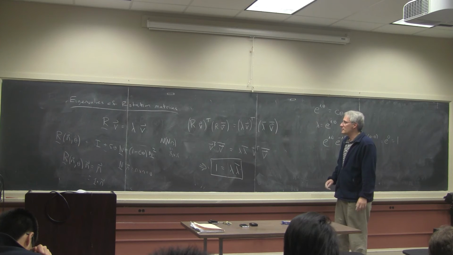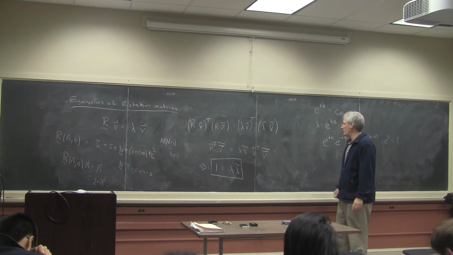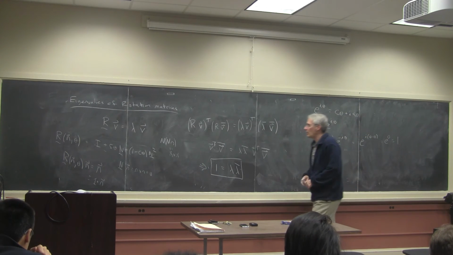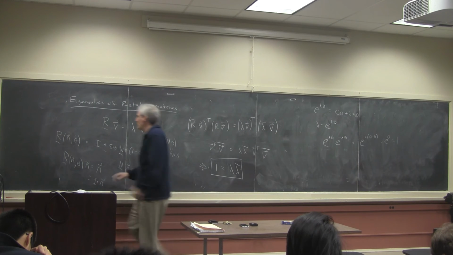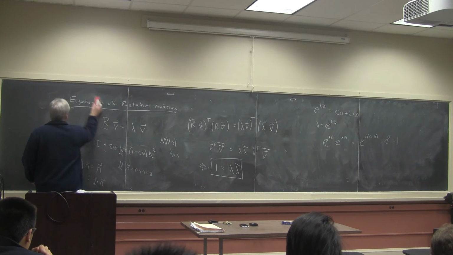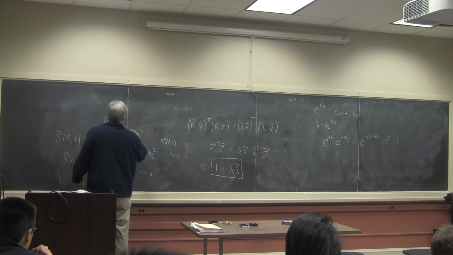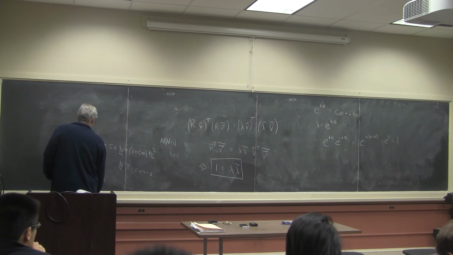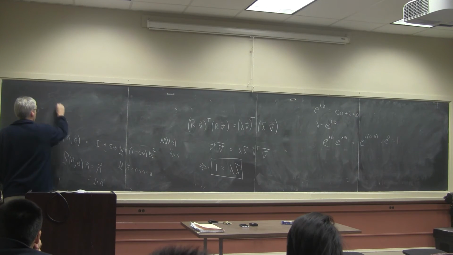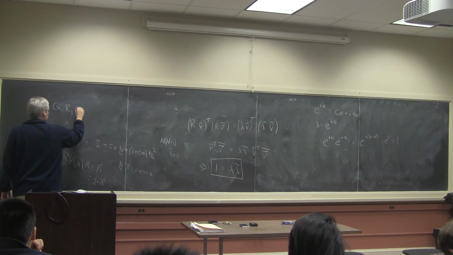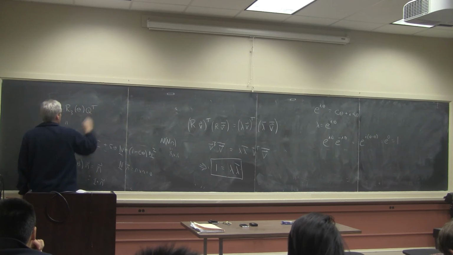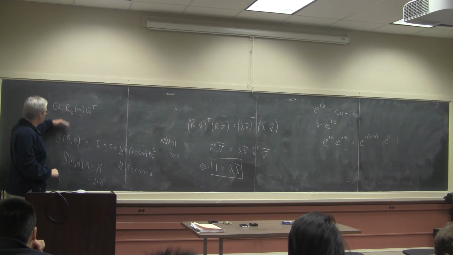And it turns out that the other two eigenvalues are e to the plus and minus i theta. We can get that by going back to what I had before, writing this in this form.